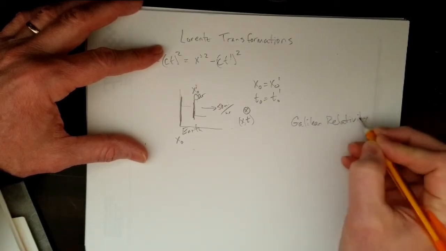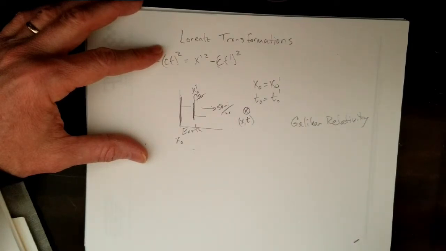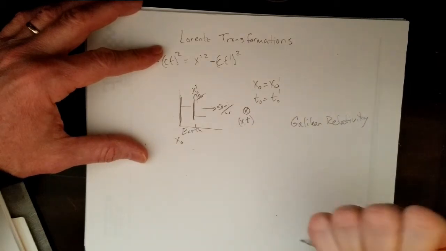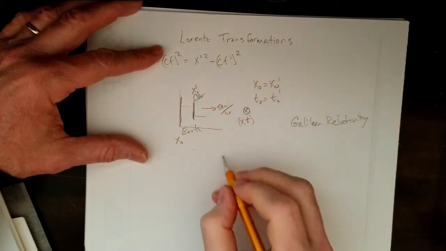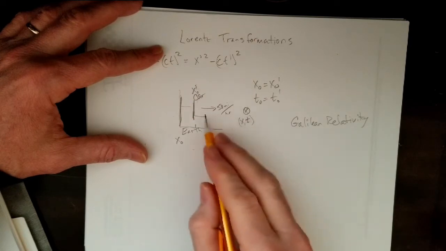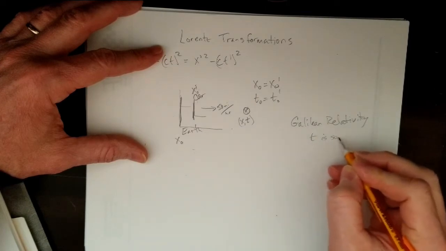this is the stuff that we generally use because we don't need to take into account relativistic effects. We assume in Galilean relativity, time is constant. Time is the same in all reference frames.